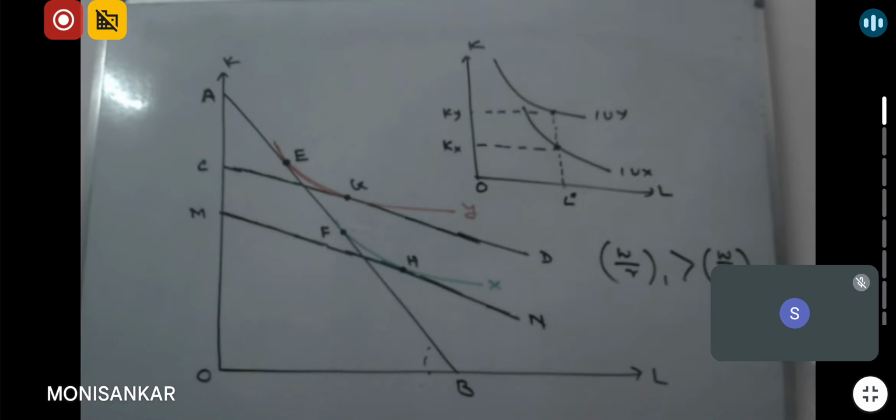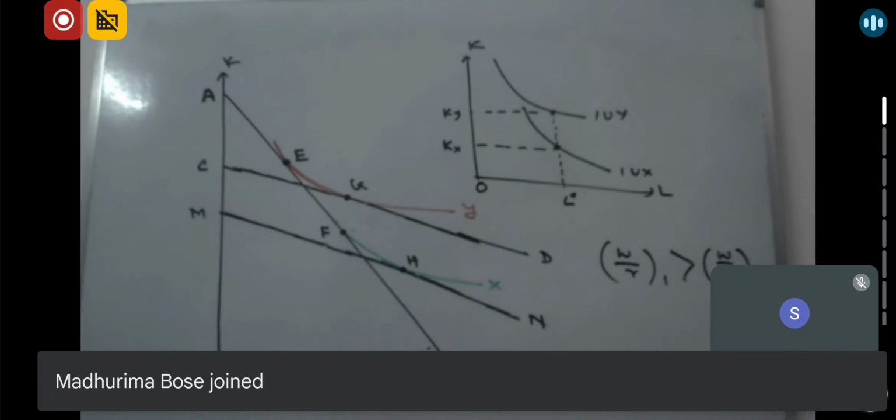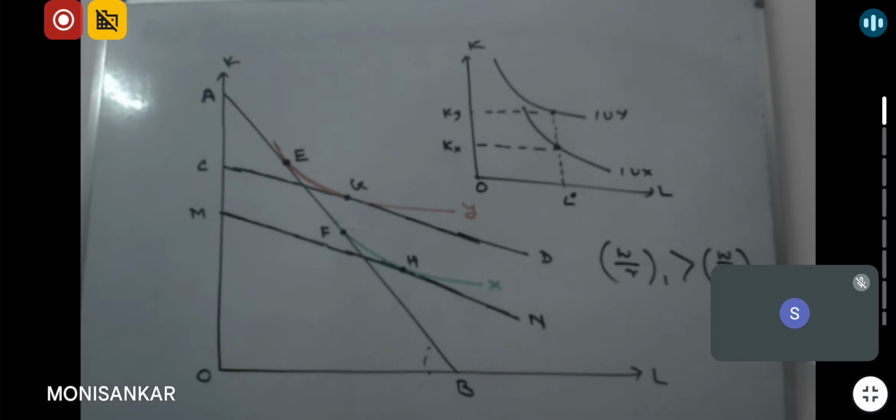So within 2 marks, it is not possible to highlight on the graph why Y is capital intensive and why X is labor intensive. It is not possible, because our main objective is to prove that where W by R is lower, the country is labor abundant, and the country should go for the labor intensive goods. This is our target. But that's it. So you cannot waste your time explaining why curve Y is the capital intensive product and X is the labor intensive product.